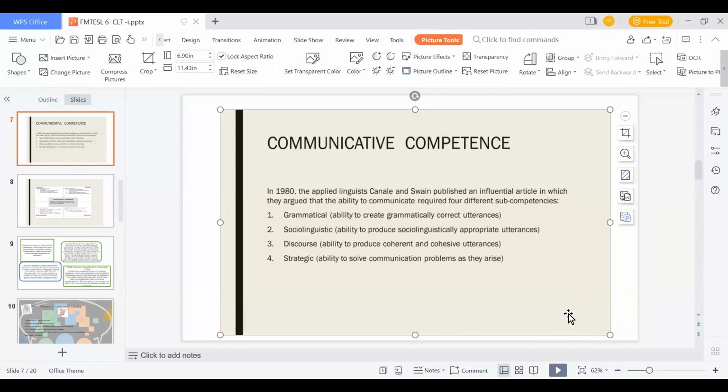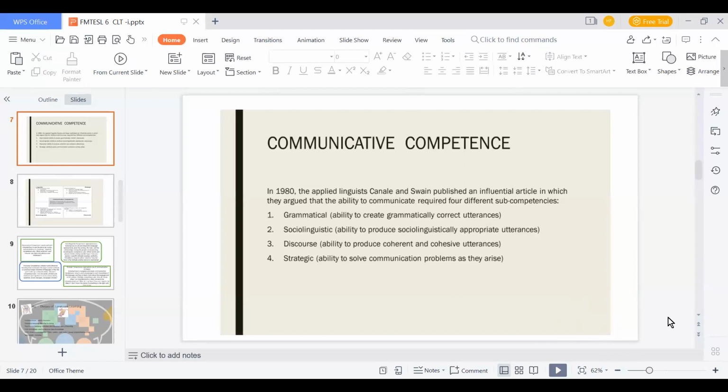Now, we teach them grammar. We teach them language. But they actually can't use that language in communication effectively. It's the case here also in Sri Lanka. Look at your students, they know English. That means they know their grammar, right?